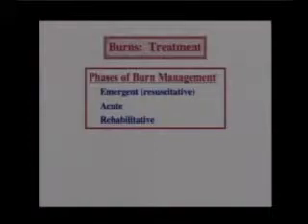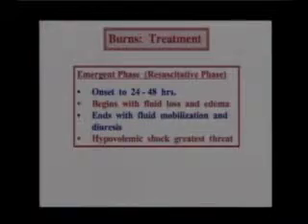Now, in addition, once the patient is at the hospital, then we look at some more phases of burn management: the emergent or the resuscitative phase, then the acute and the rehabilitative phase. Now, the emergent or resuscitative phase is from the onset of the burn through the first 24 or 48 hours.